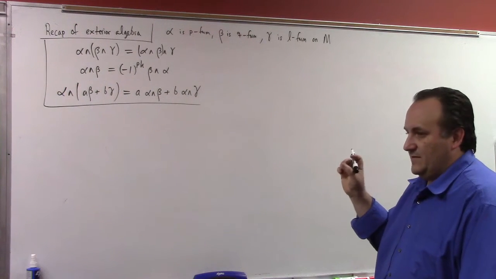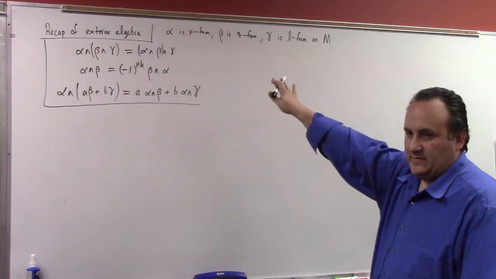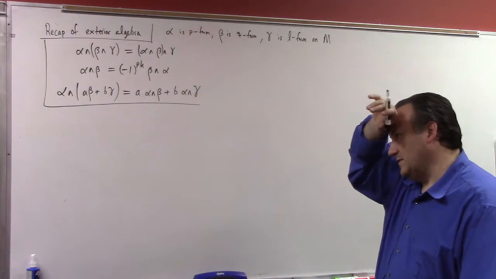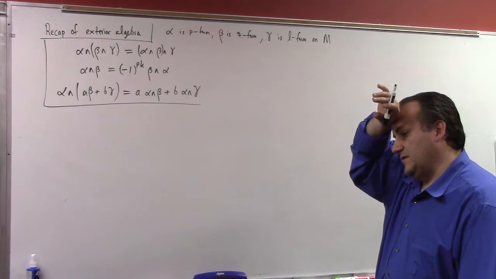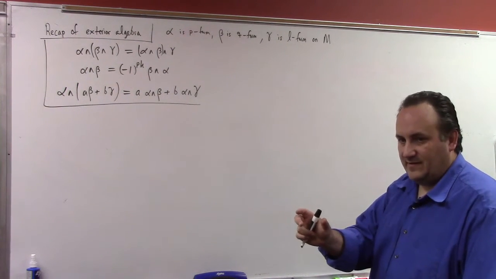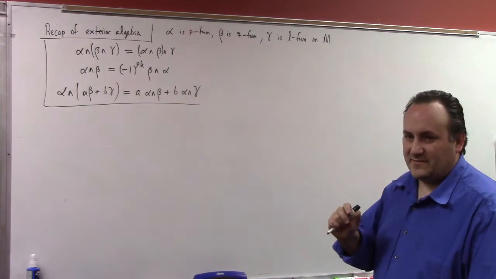But because the algebra holds at each point, it follows that we also have these algebraic rules for smooth forms, right? So it's kind of like in Calc 3, you can prove the dot product of fixed vectors is commutative, right? It's still the case that the dot product of vector fields is commutative.